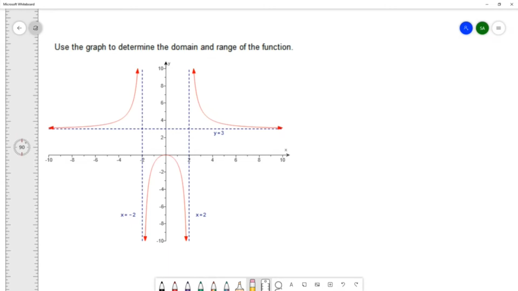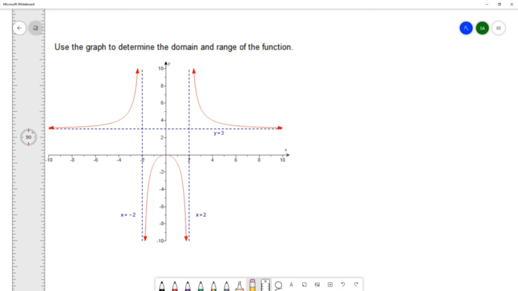So let's start doing that here. Because of this arrow that we see here, as I said a moment ago, that means that the pattern continues. This graph continues off screen to move down and left, getting closer and closer to that dashed line. And so that indicates to me that the domain is going to start at negative infinity.